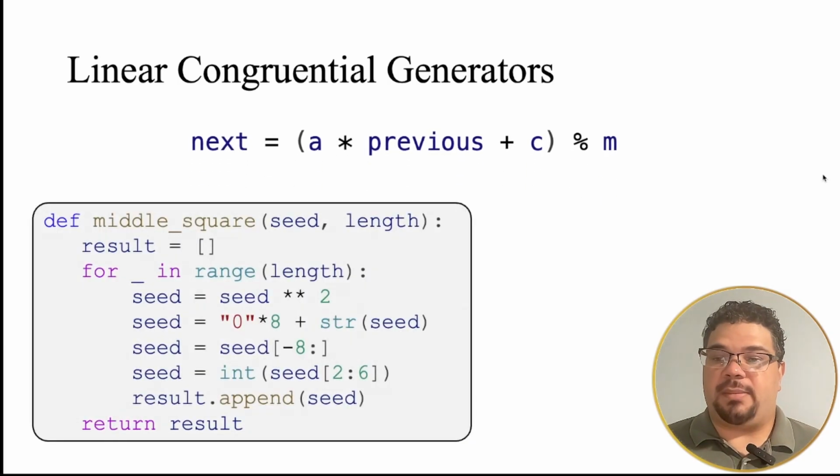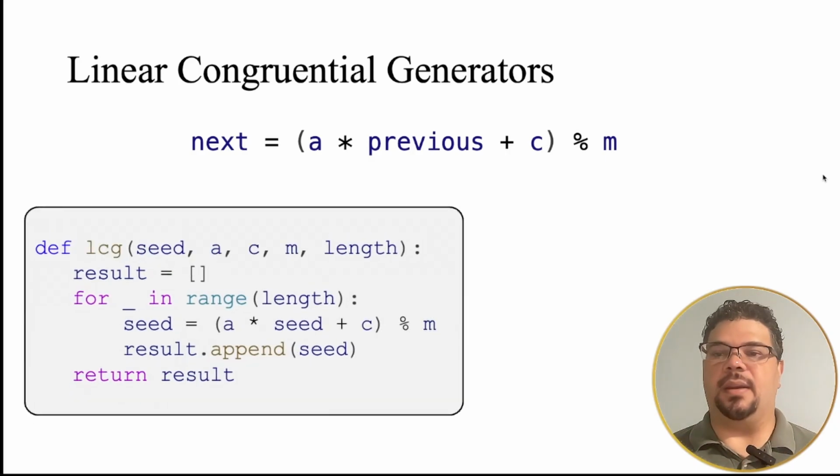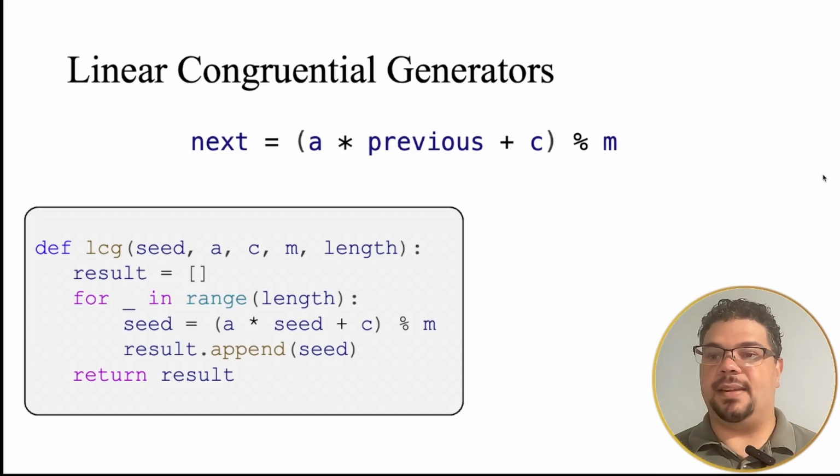This is it. This is our random number generator. If we bring back our middle square code, we can see how much simpler an LCG random number generator actually is. It's essentially just one equation. We take the last number, multiply by a, add c, take mod m, and that's the next number. Multiply by a, add c, take mod m, and that's the next number, and so on and so on.